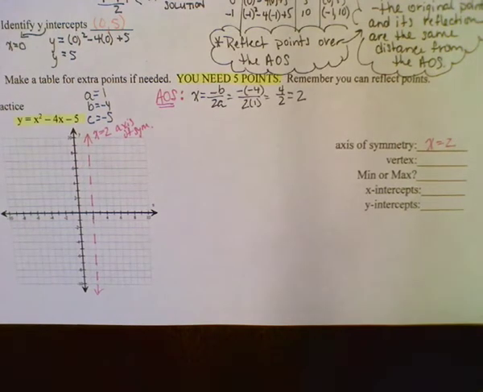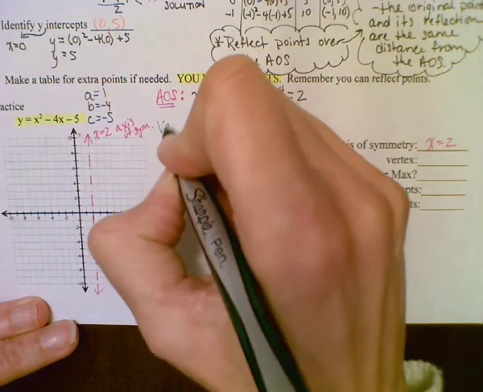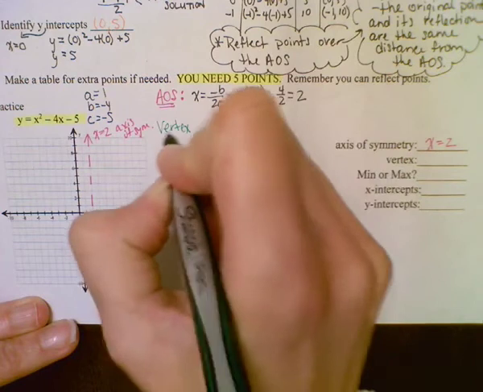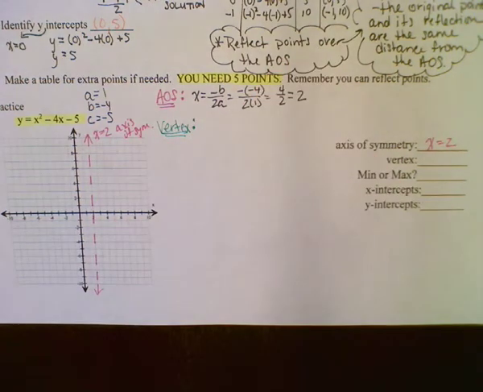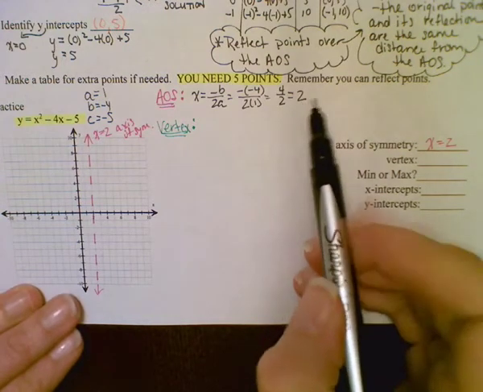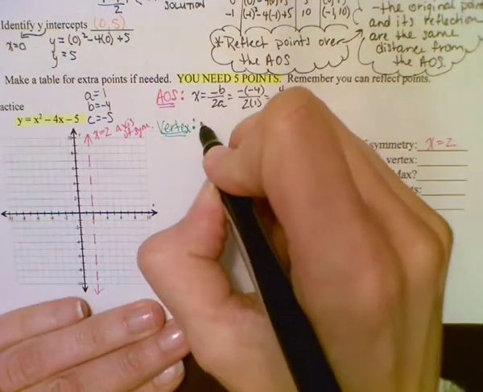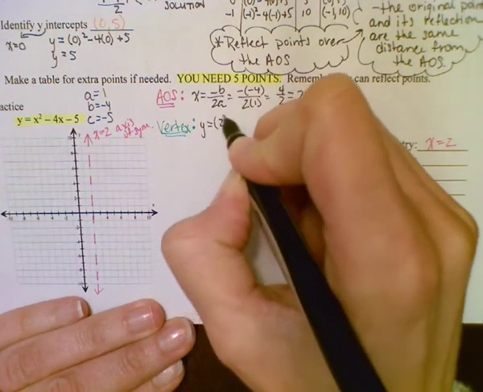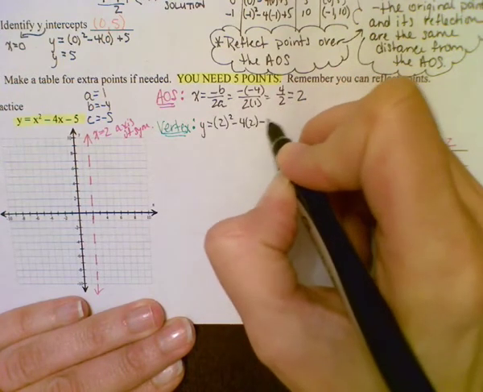All right. Next thing we're going to do on our list is the vertex. Remember, that's our maximum or our minimum point on our parabola once it gets open. Since I already have the value for x, I can plug that x into my original equation. So I'll have y equals 2 squared minus 4 times 2 minus 5.